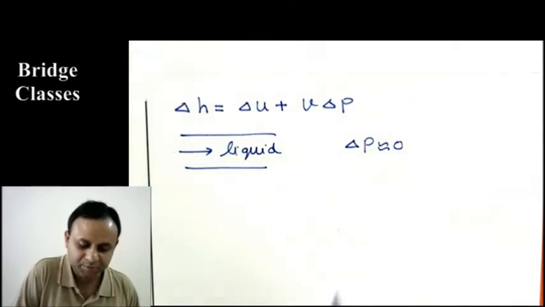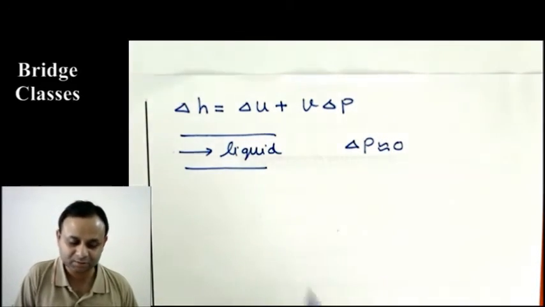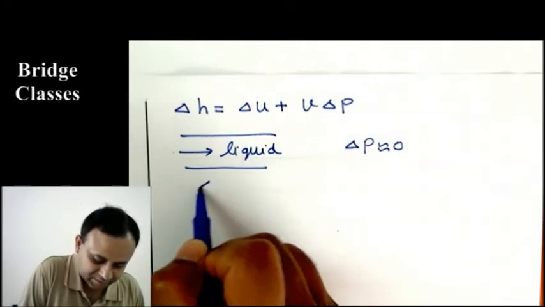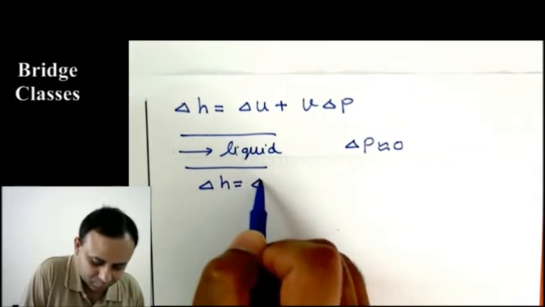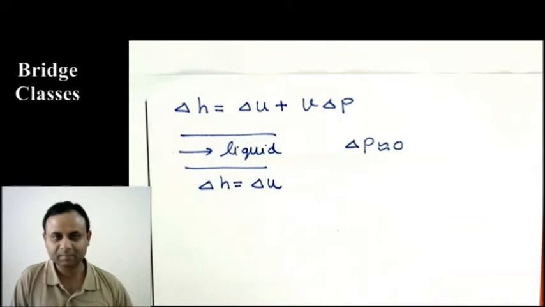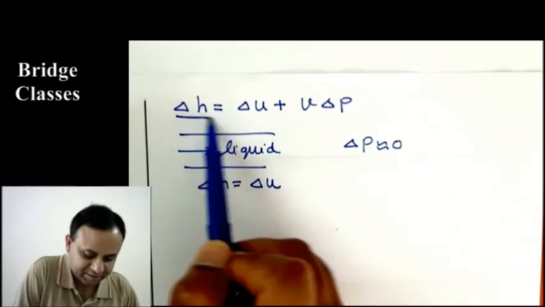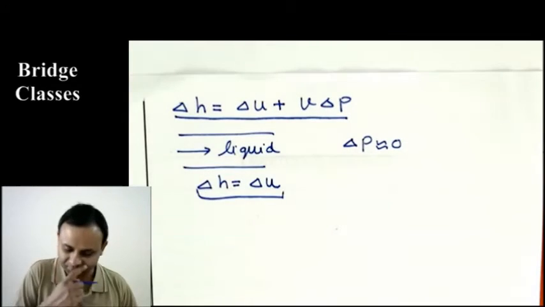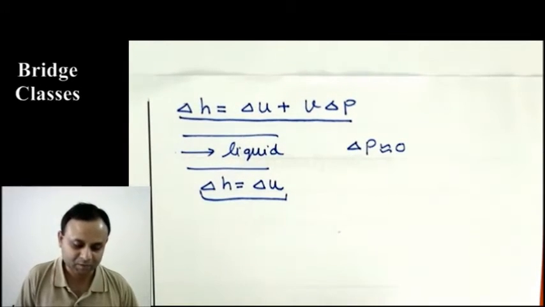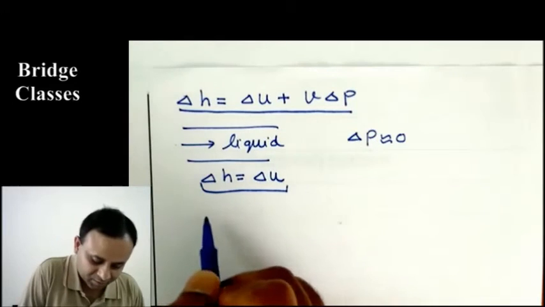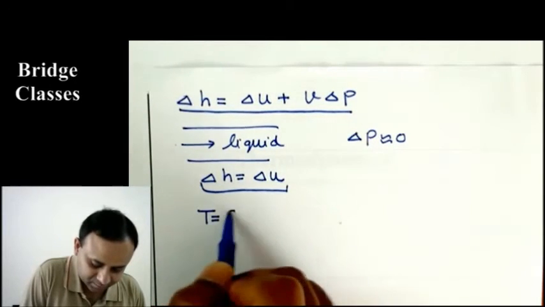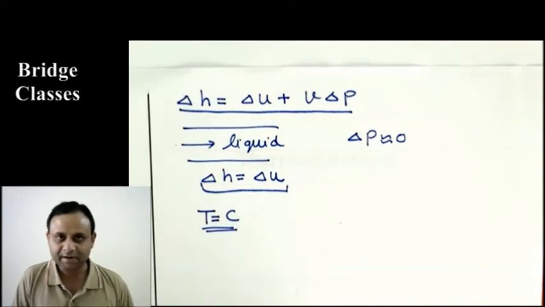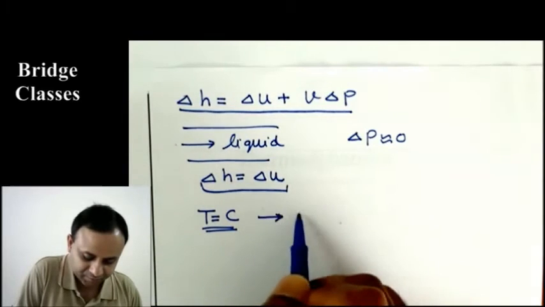There will be some drop in pressure, but if that is negligible, that is 0. You get delta H is same as delta U. So you have to just remember this expression. This one is a special case of that, when pressure is constant. Other possibilities could be when, say, temperature is constant, and this happens when we pump a liquid.